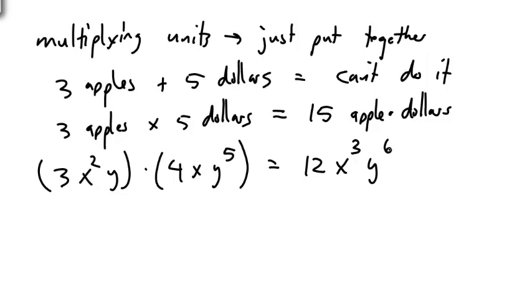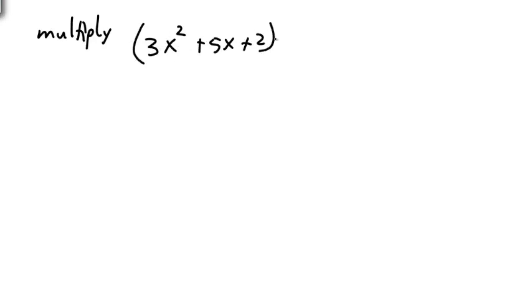With that said, we can now do things like multiply 3x squared plus 5x plus 2. We can multiply that by, let's say, 2x plus 4. This is what?